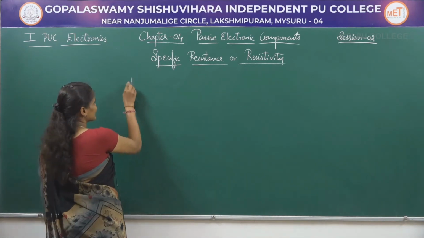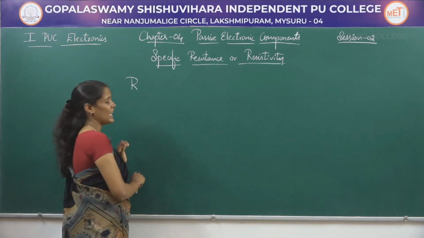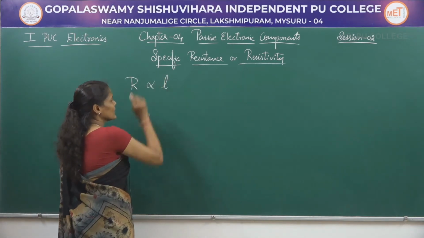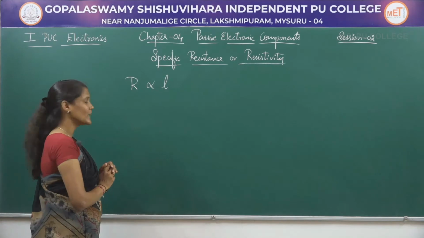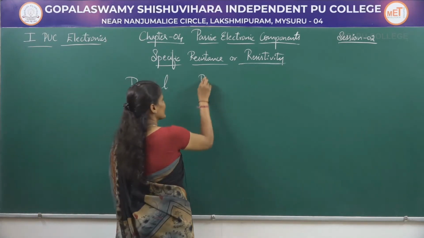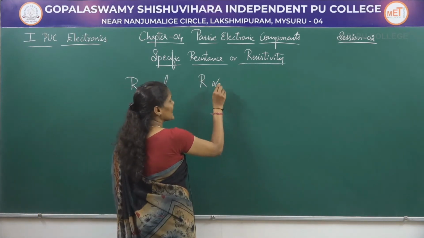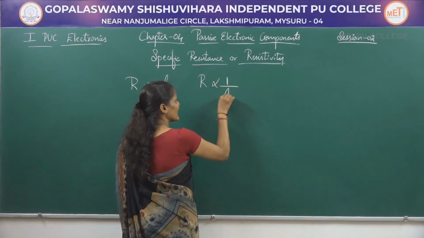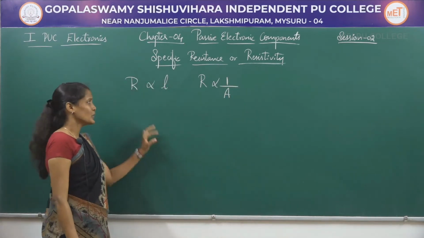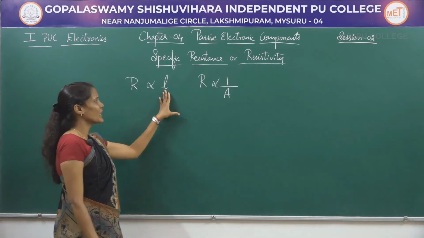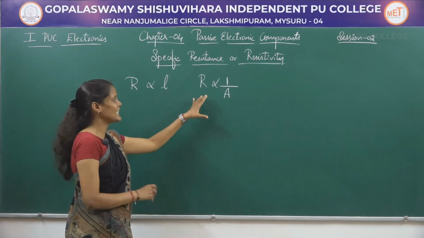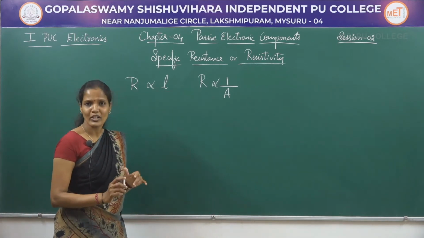So the resistance, which is denoted by the letter R, is directly proportional to the length of the conductor, and it is inversely proportional to the area of cross section. So R is proportional to L, that is length of the conductor, and inversely proportional to the area of cross section.